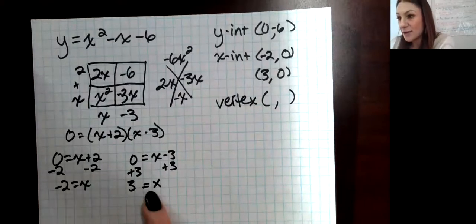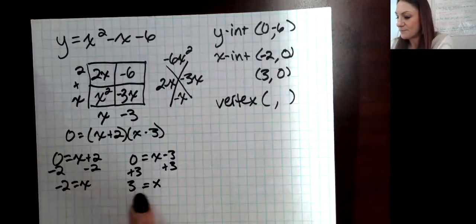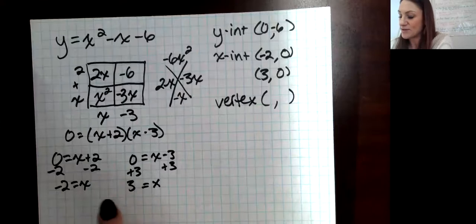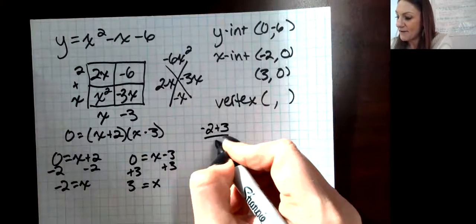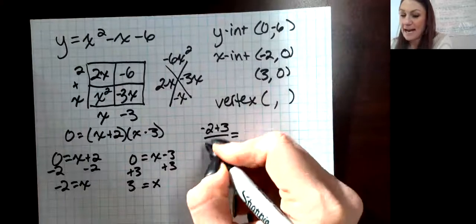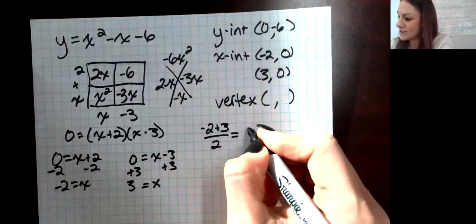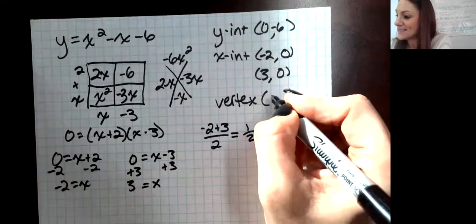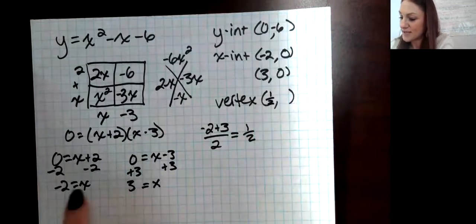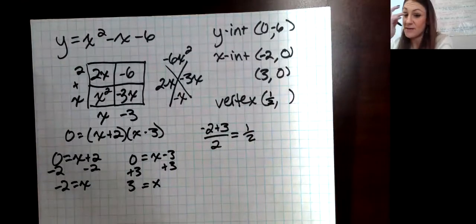So I want to find the middle of the two of them, the mean or the median. Remember, when there's two middle numbers for the median, you're going to add them and divide by 2. So I'm going to average those x-intercepts, and I get 1/2. That is the x value because it's in the middle of these two.